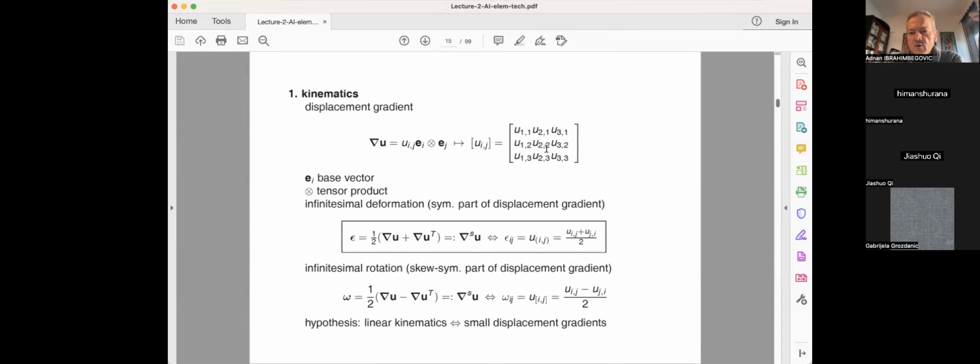This corresponds to the 1D version of epsilon, like du1/dx1, du2/dx2, du3/dx3. There's extension, dilatation, or compression along axes x1, x2, and x3, respectively. And the off-diagonal terms will be something proportional to the change of the initially right angle. So these are shear deformations.